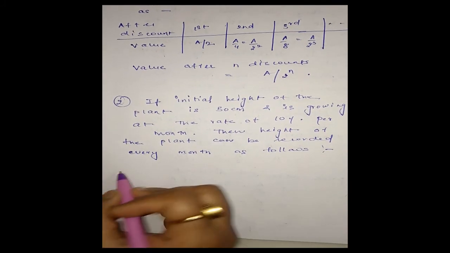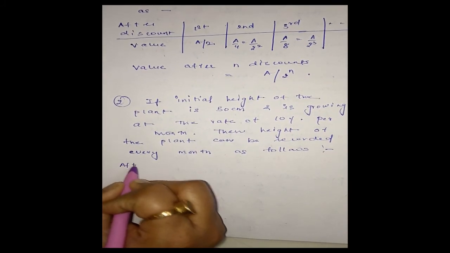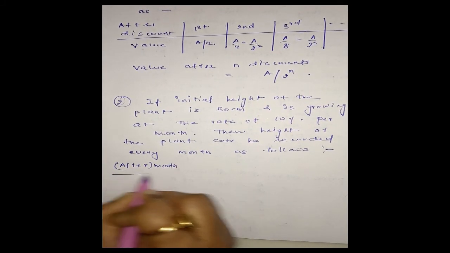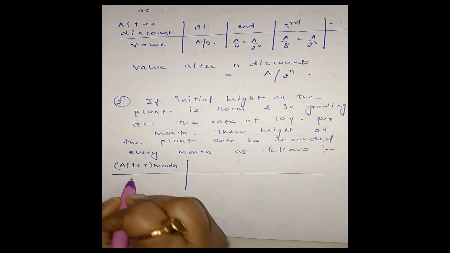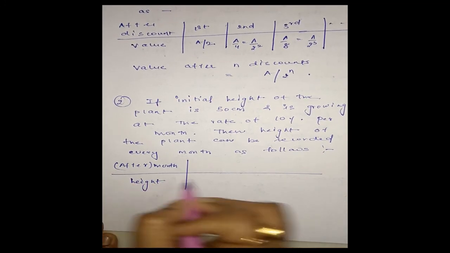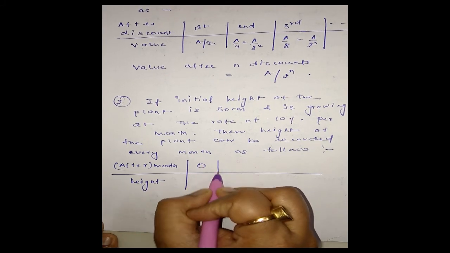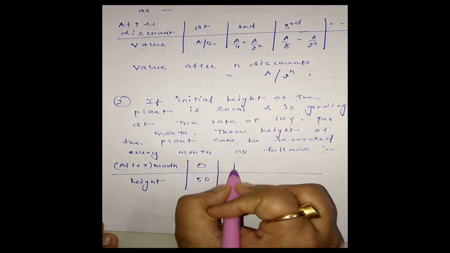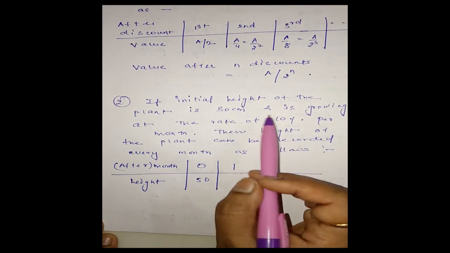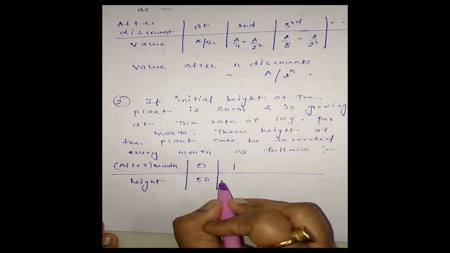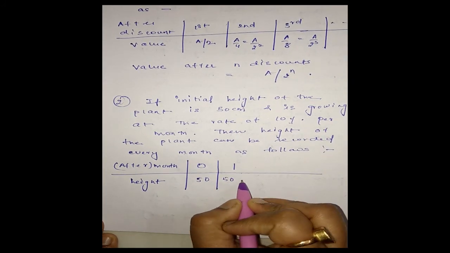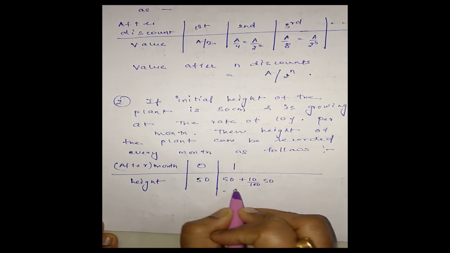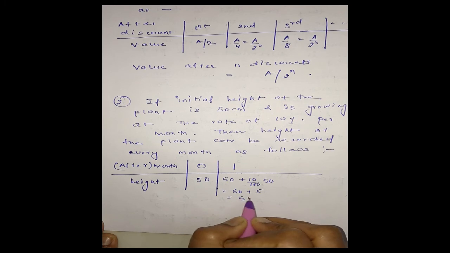If I make a table with two rows, after month, and this is height. Initially the height is 50 centimeter. After 1 month, growing at the rate of 10%, that means 50 plus 10% of 50, that is 50 plus 5, that is 55.